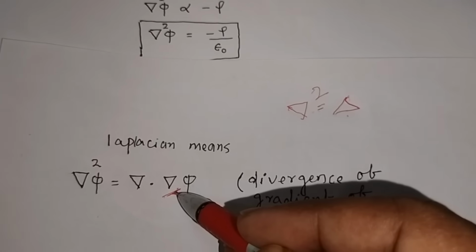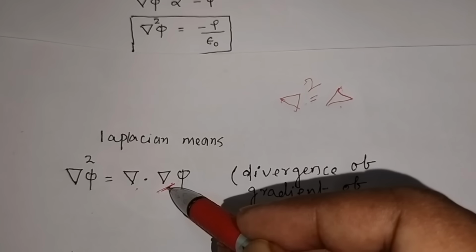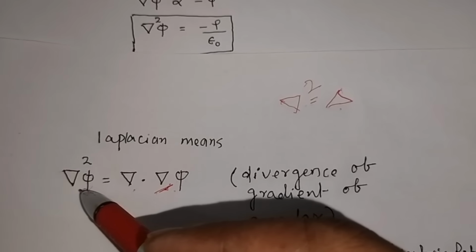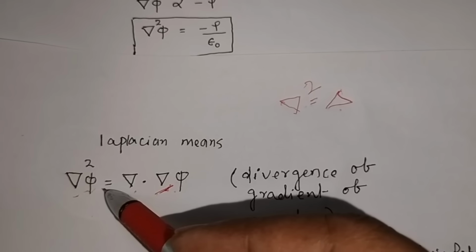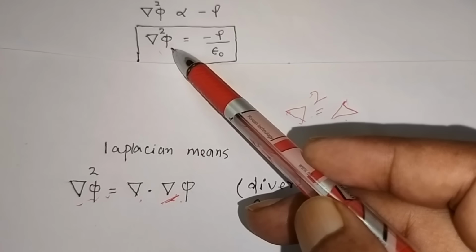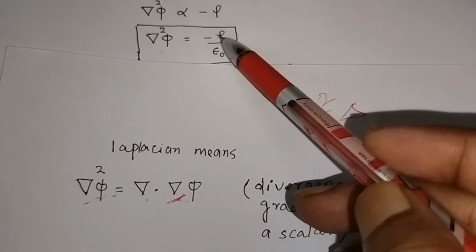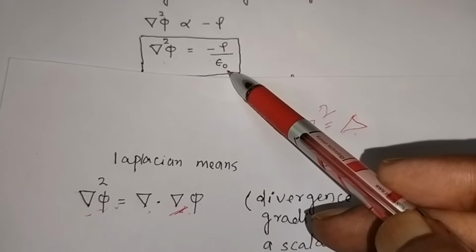This is your del operator. And if you take the dot product of the del operator with itself, that is called your Laplacian. And the Laplacian of the scalar function, here the electric potential, this is your Laplacian phi, which is equal to minus rho, that is charge density, divided by epsilon 0.